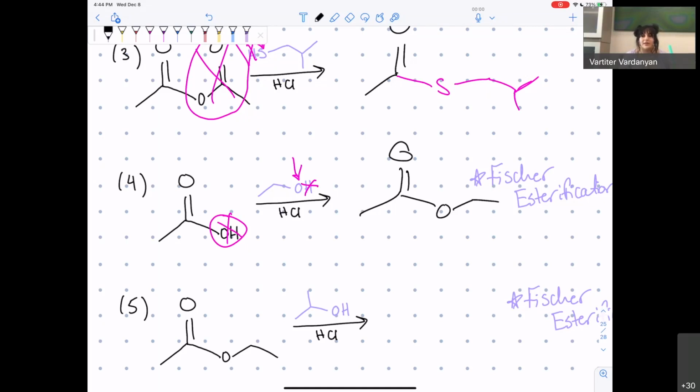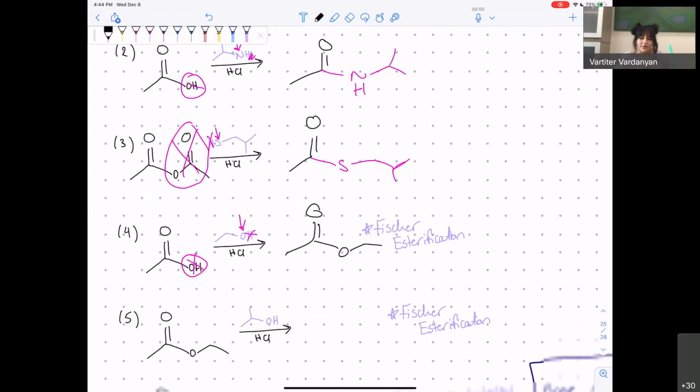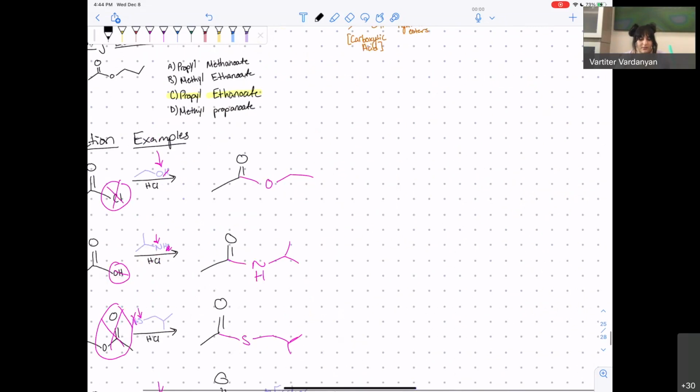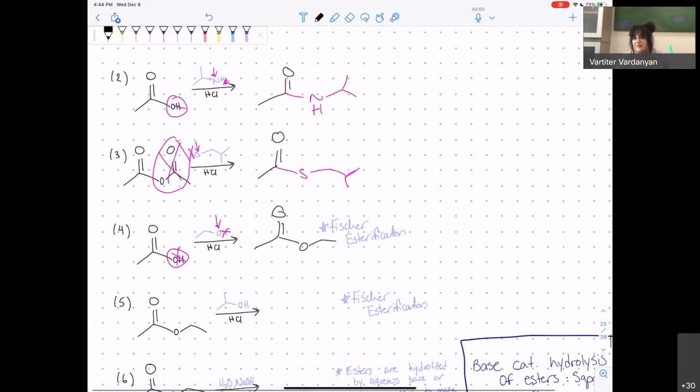And then I don't know if I said one of these guys would be no reaction, but I didn't mean to say that. None of these are no reaction so far. Oh, okay, I see what you mean. So he did something like this on the exam, and the answer goes from an amide to a carboxylic acid.